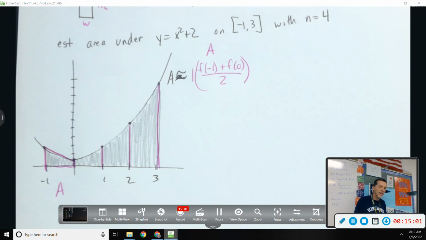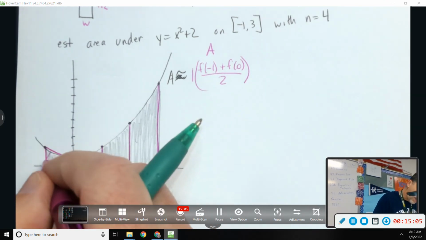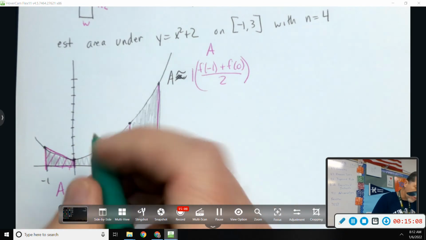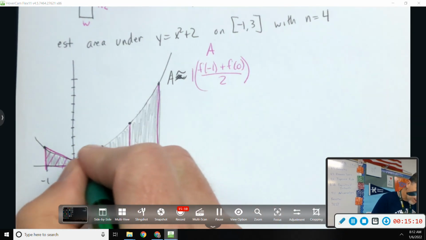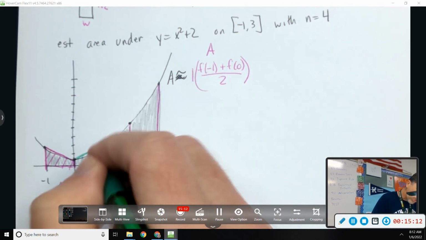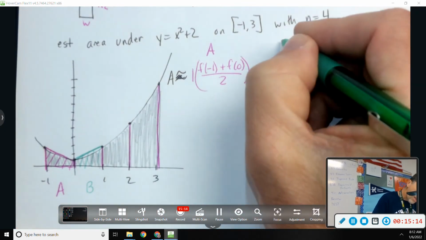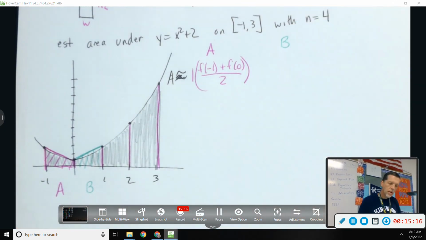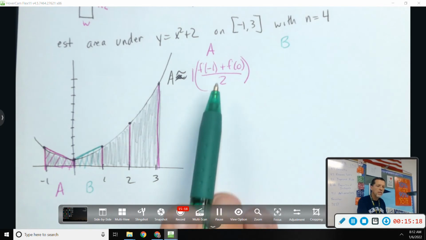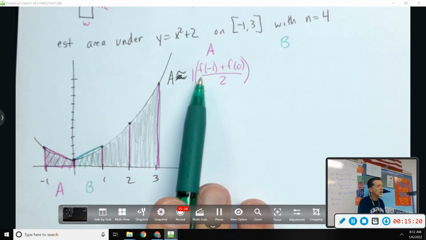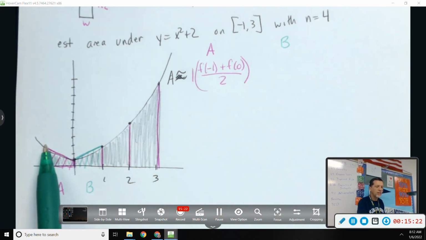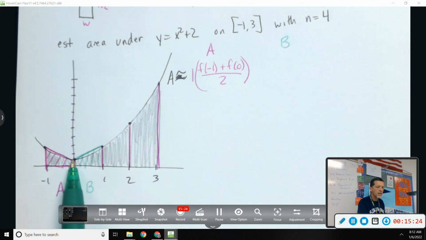The height at -1, the height at 0. That's my first trapezoid. I'm using the height here and here. Okay, I got it. So f of -1, f of 0. I'll plug those in a minute.